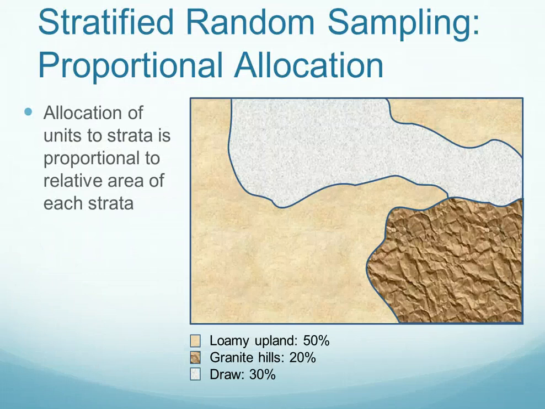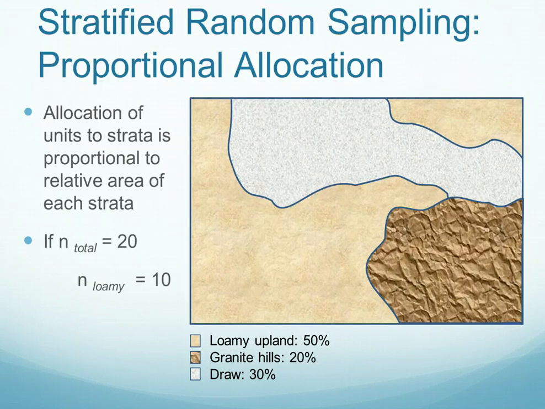Proportional allocation is where we allocate units to the strata based on it's proportional to the relative area of each strata relative to the area of the entire population or area of interest.